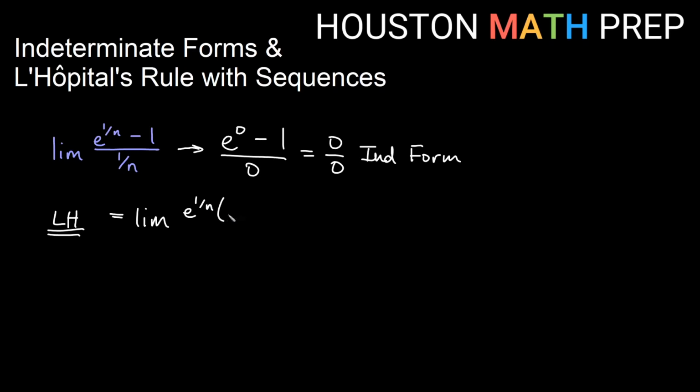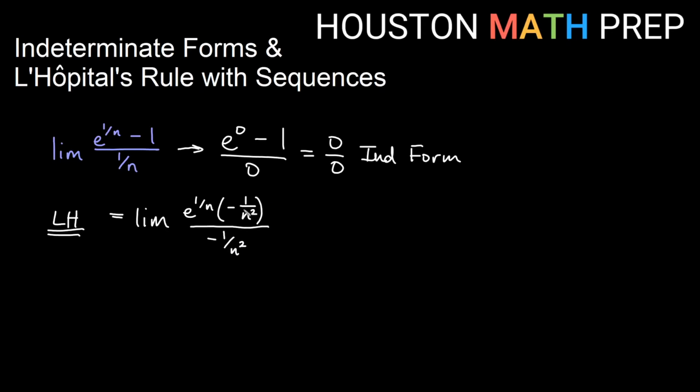The derivative of 1 over n is going to be negative 1 over n squared. Okay, 1 over n is like n to the minus 1, so you can do power rule there if that's confusing at all. Minus 1, that's just a constant, so that would drop off if we do a derivative. And then the bottom is 1 over n, and its derivative is the same as the one from the chain rule above, negative 1 over n squared.